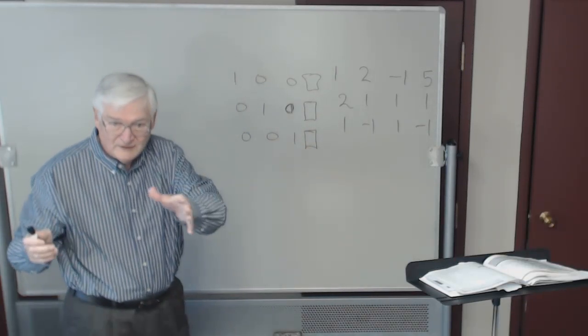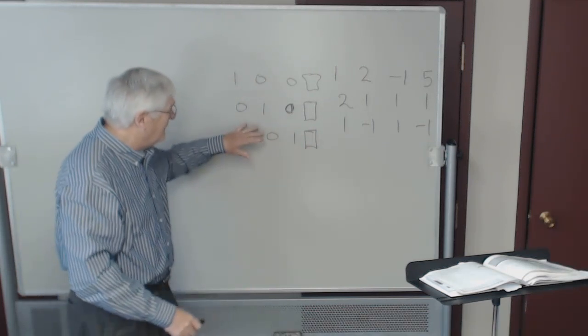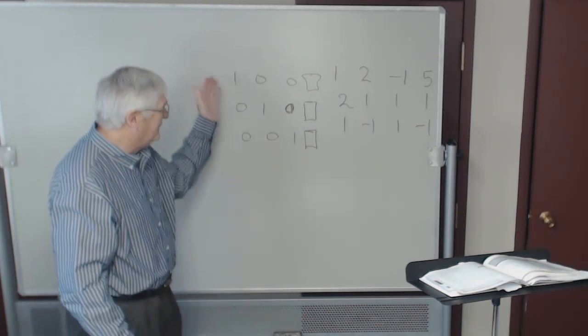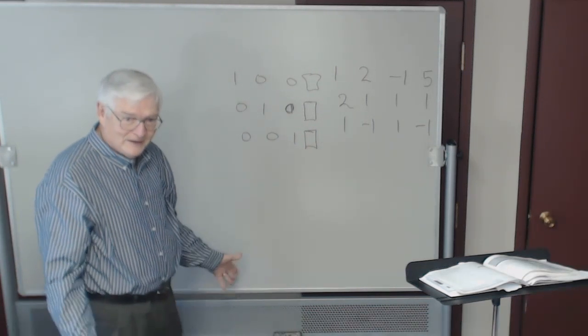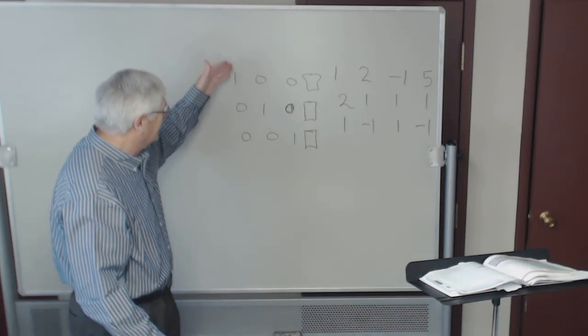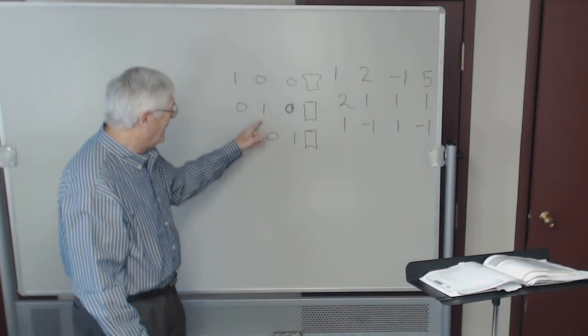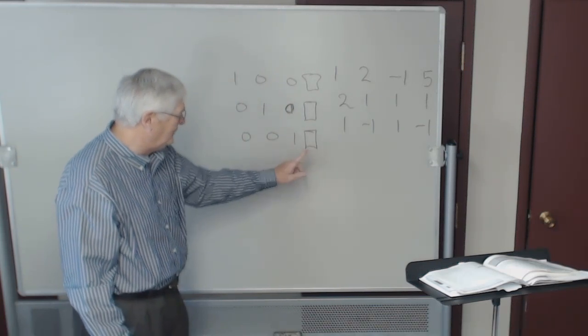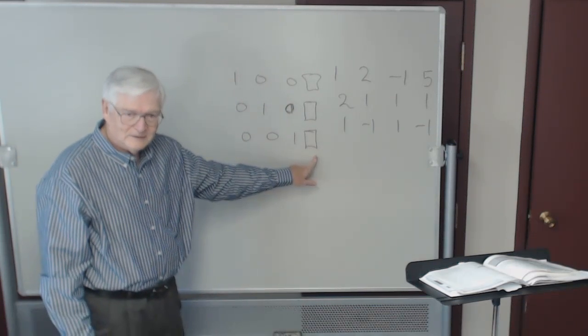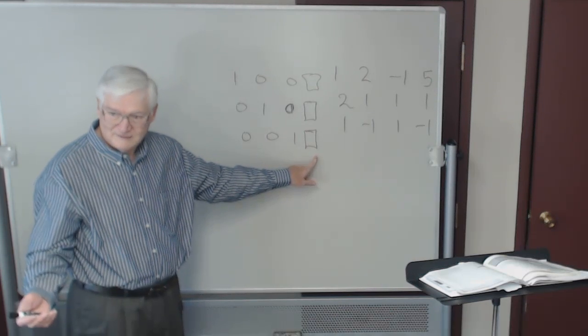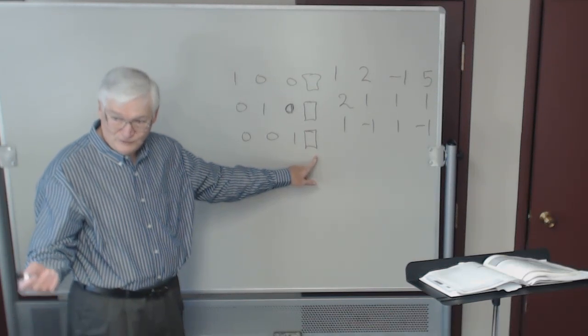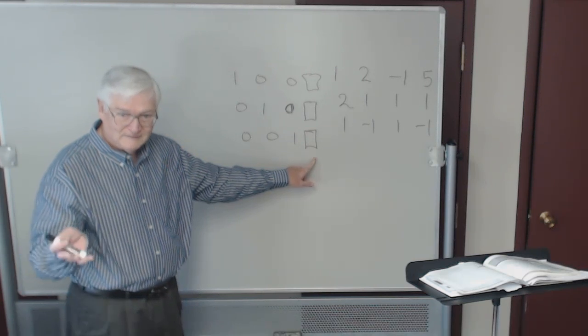Remember from reading all that stuff, how we would just mess with it till we got it down to look like this? And then the answer would be, this is the x column, so x would equal this, y would equal this, and z would equal this. You follow the process?